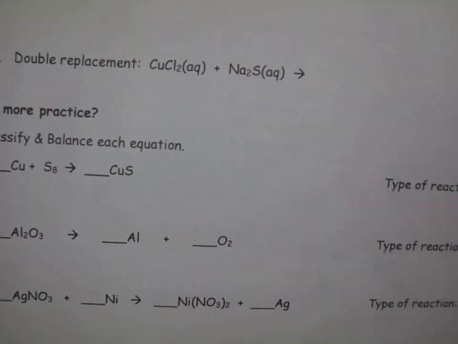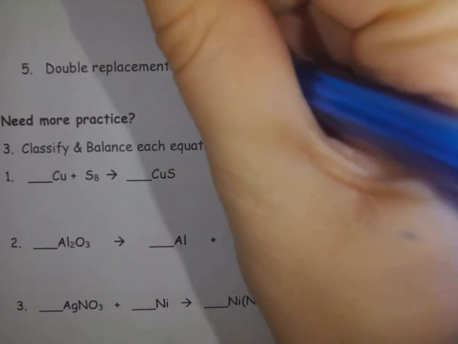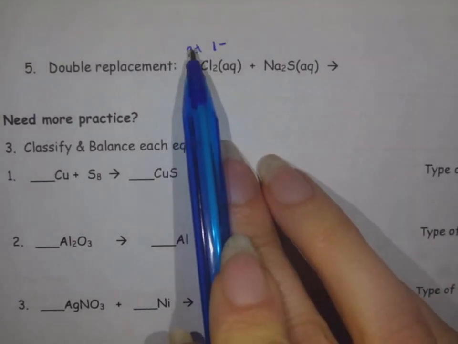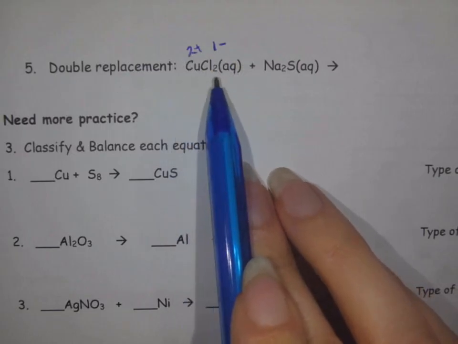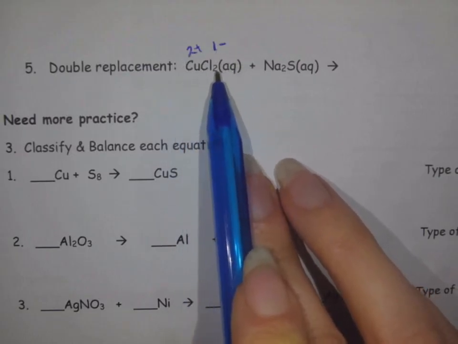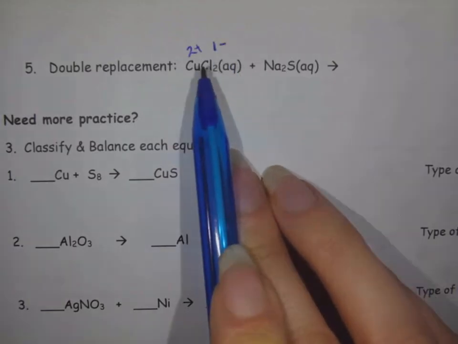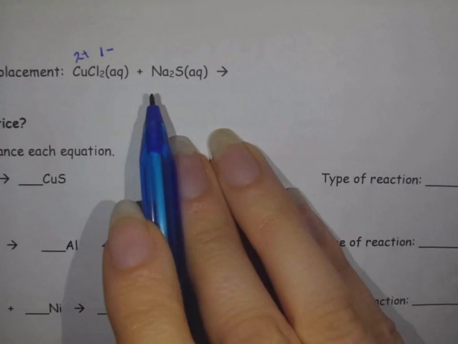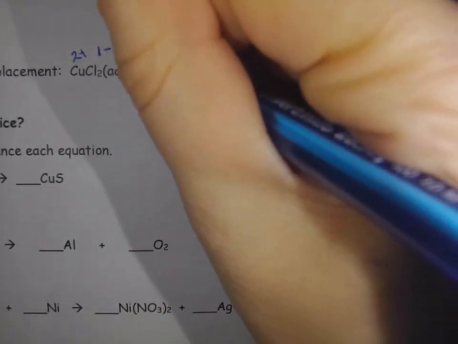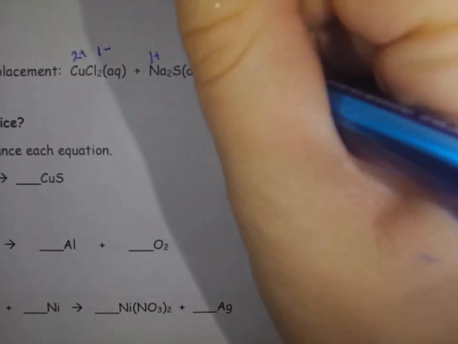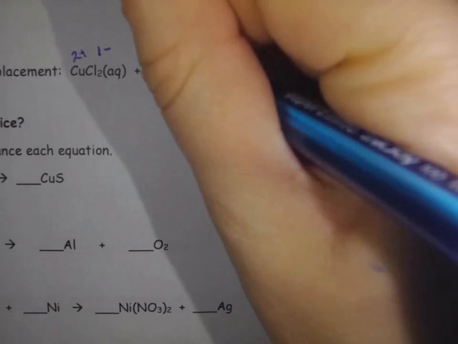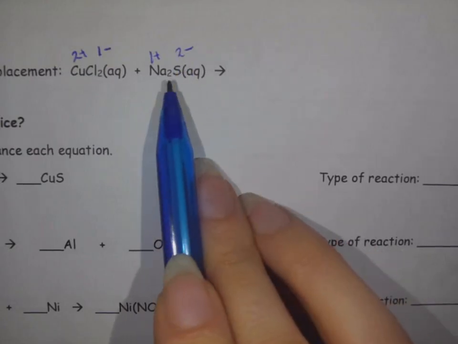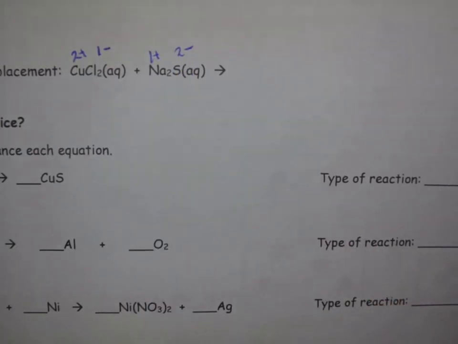So I can figure out that copper had to have been a 2+ then, because see how if this was a 2+ and chlorine's a 1-, that would result in the subscripts that we see here, that chlorine has a subscript of 2 and copper has a subscript of 1. And then these other ones, we already know those. So like sodium we know is in group 1 and it's a +1, and sulfur is in group 16, so it's a -2. And the subscripts confirm this. The sulfur has a subscript of 1 and the sodium has a subscript of 2.